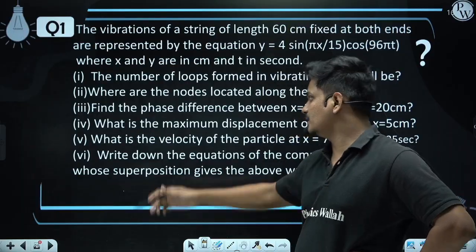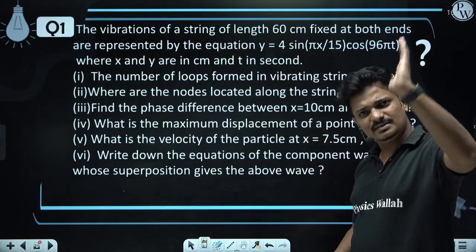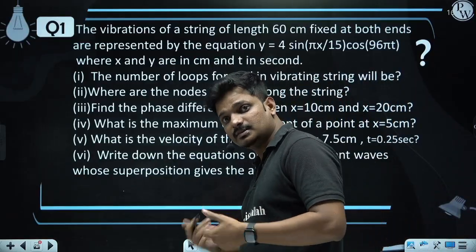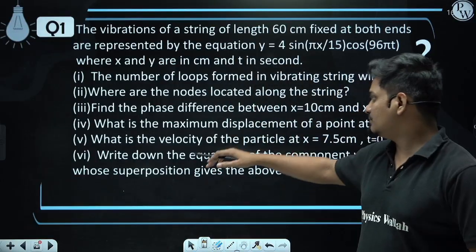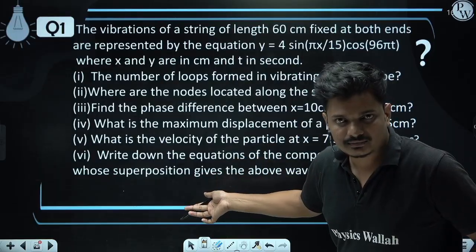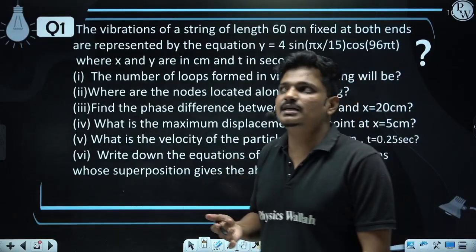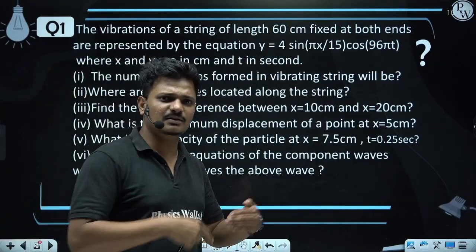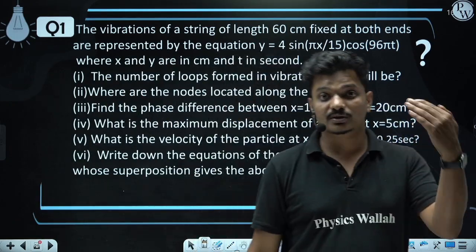What is the maximum displacement at a particular location? Maximum displacement is the amplitude. Then what is the velocity of the particle at x equal to 7.5? We easily get the displacement equation at x equal to 7.5, then differentiate it to get the velocity of the particle.